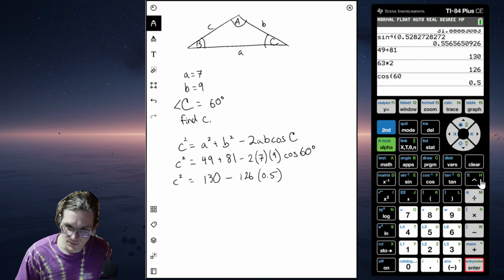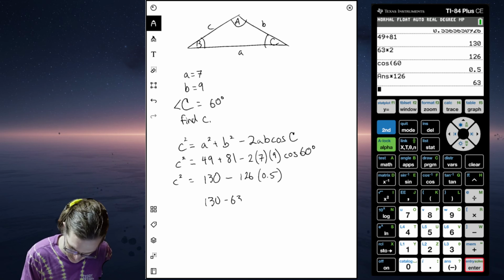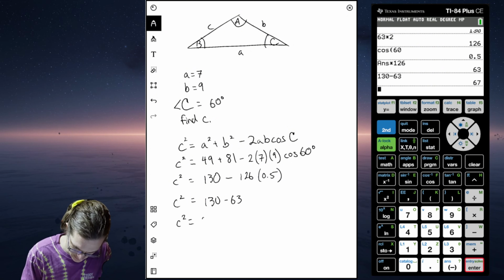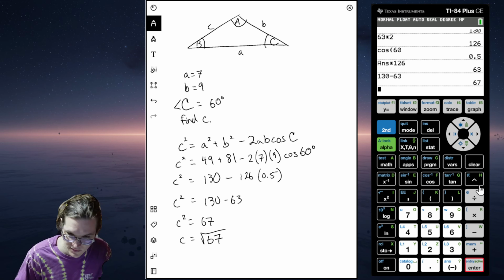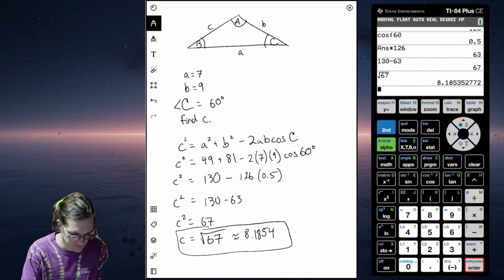And half of 126 is 63. So 130 minus 63 is going to be our c squared. So c squared equals 67. That means c is the square root of 67, approximately 8.1854.